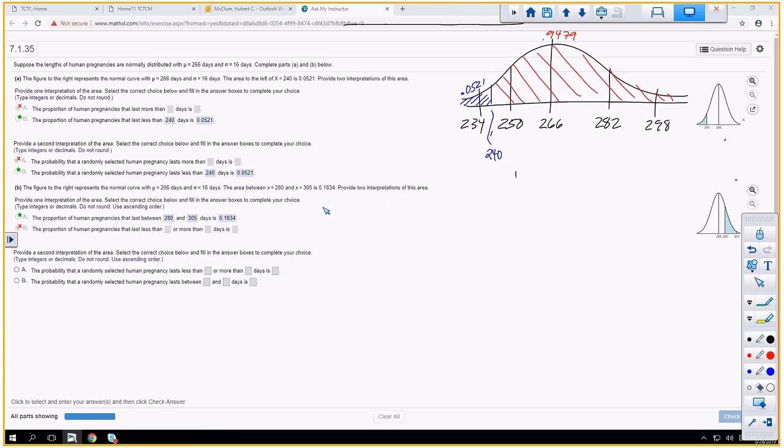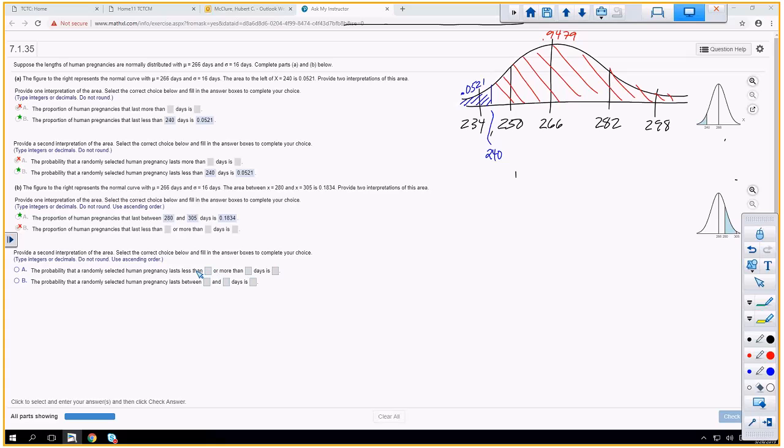So what's the complement of 0.1834? 0.8166. Okay, so make sure you know how to do that, because I have no idea what they're going to ask you. What does this one say? 280 and 305, they're asking you the same thing, aren't they?